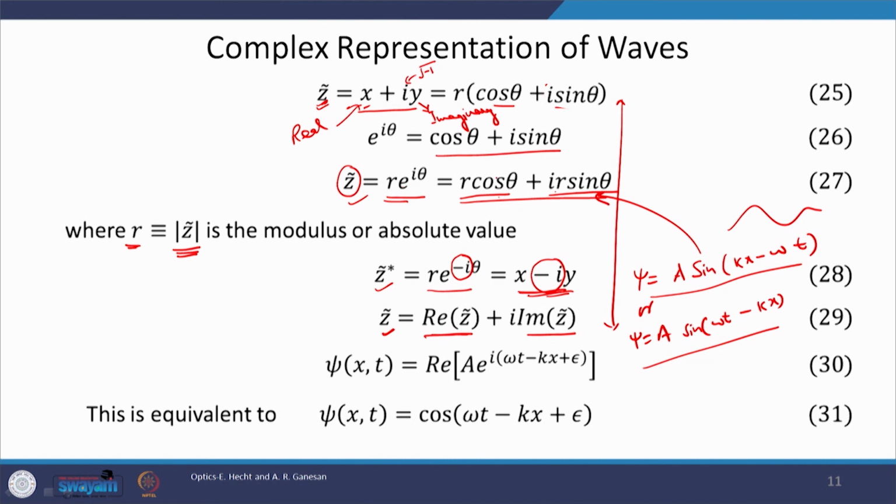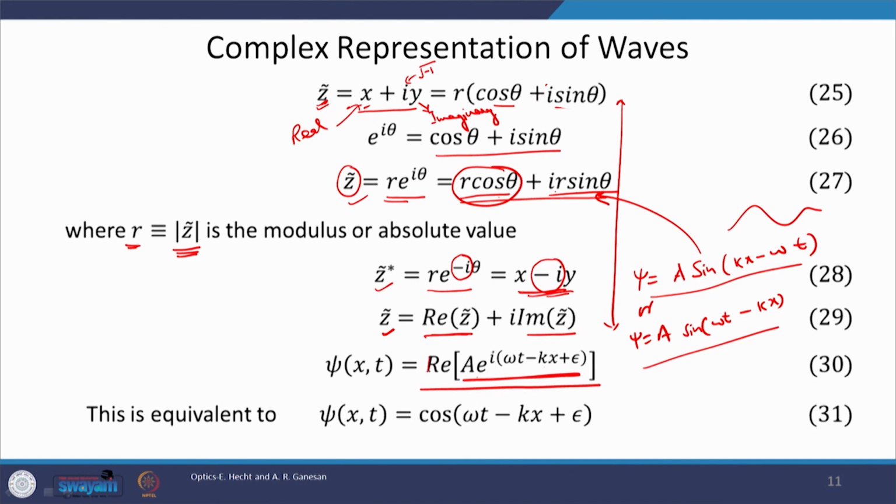The real part of this complex number is r cos theta, which will represent our wave function. Knowing this, we can represent our wave function here. We have a e to the power i(omega t minus kx plus epsilon), which is our wave function written in exponential complex form, but the imaginary part of the wave function does not hold any significance. It is the real part which is of our interest.